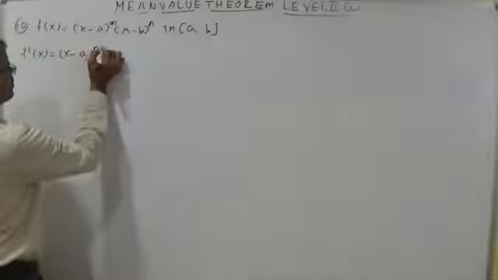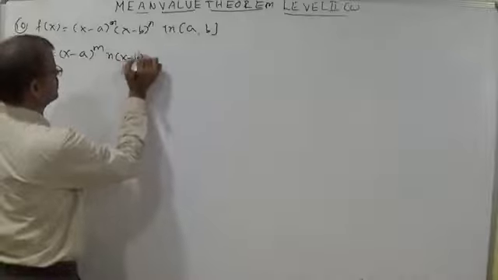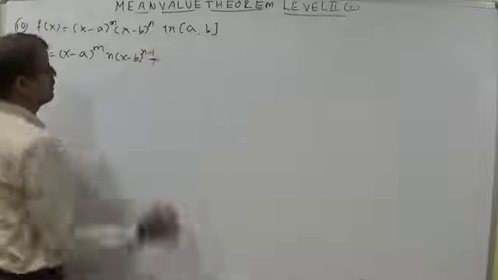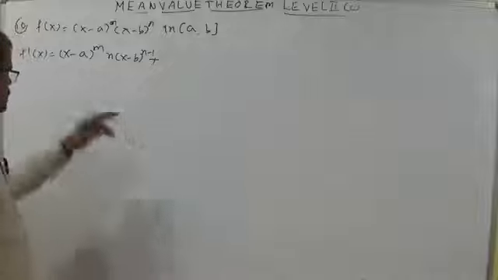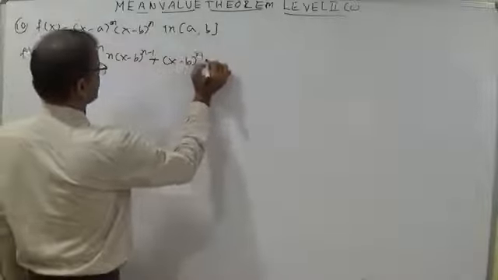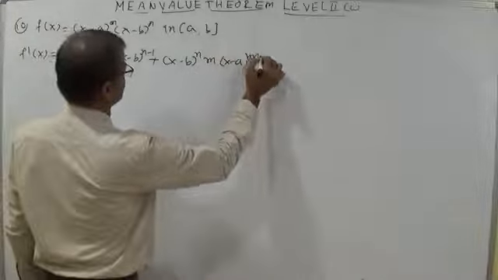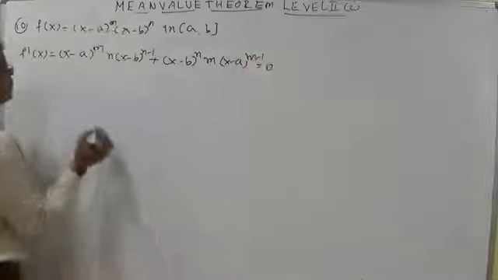Now let us discuss f'(x). Students, this is a uv function. Use the derivative uv' + vu'. So (x - a)^m into n (x - b)^(n-1), uv' completed. Then vu': (x - b)^n into m (x - a)^(m-1) equal to 0.